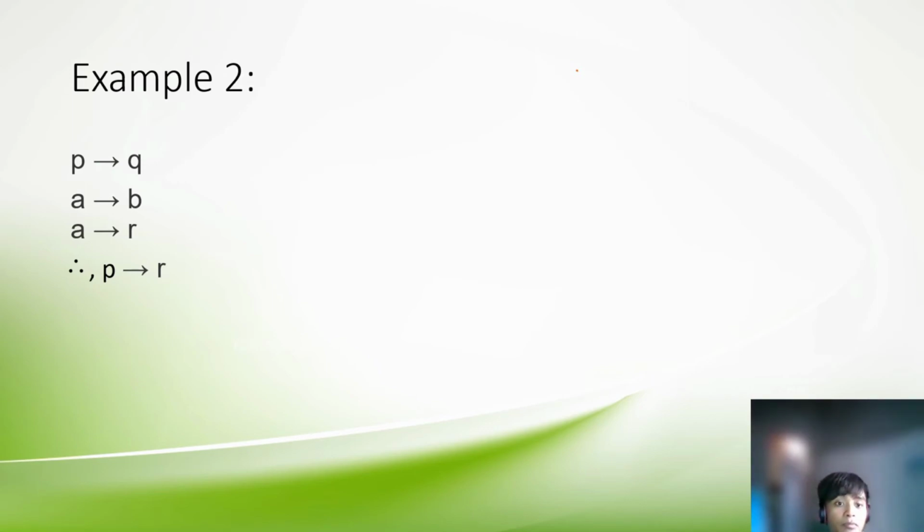We draw first the P links to Q, followed by A links to B and A links to R. Therefore, P links to R. Does P link to R?